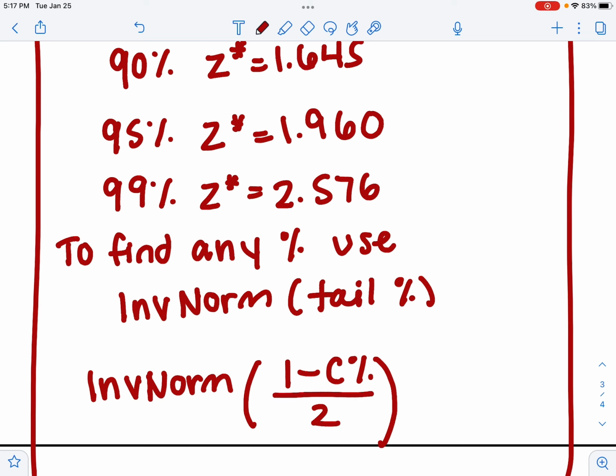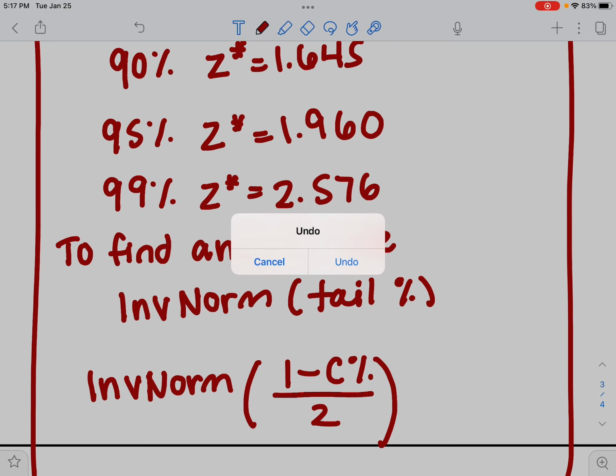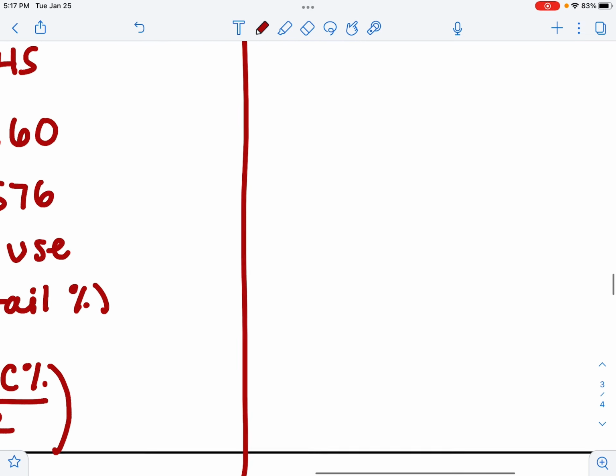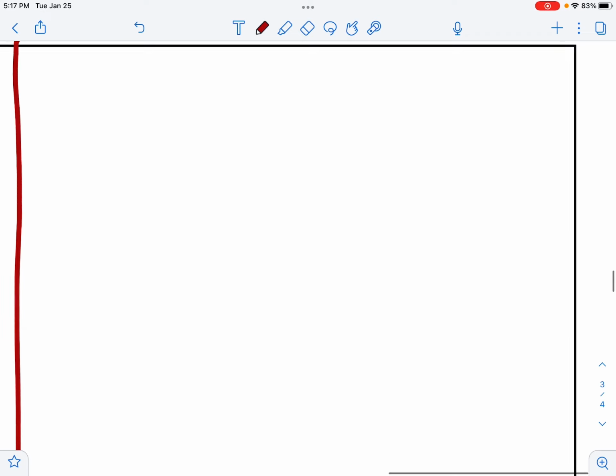Remember, because if you just do 1 minus, then that's everything that's not within your interval. But the tails are on both sides, so you have to divide it by 2 so that it's for both sides.